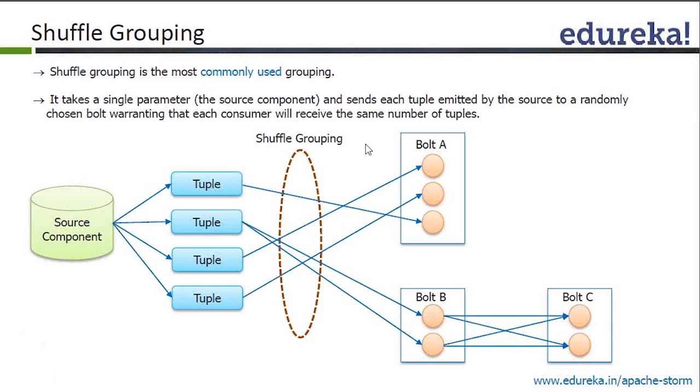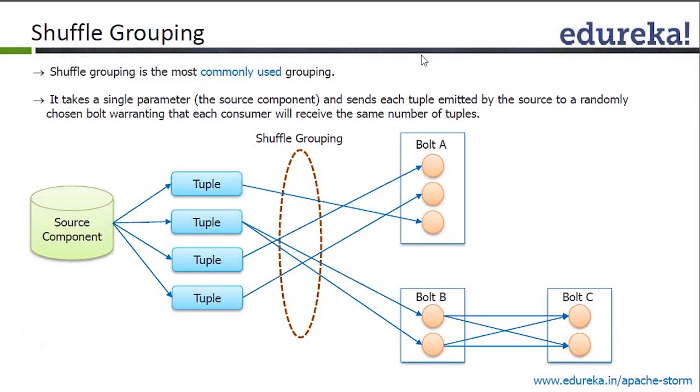What it does is, this grouping takes care that if there are multiple instances of the bolt running, or if this grouping is supposed to send the records to multiple bolts, it will randomly choose the downstream bolts. Only thing is, it will make sure that all of the bolts receive an equal amount of tuples or equal kind of tuples.